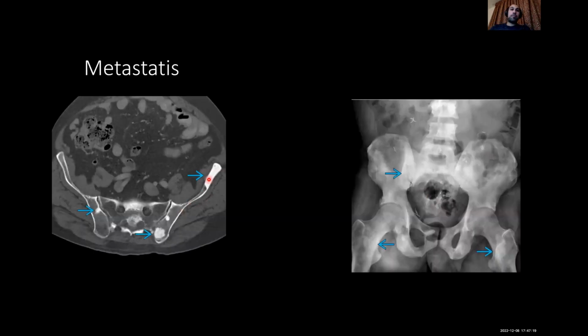This is mets from the prostate. What are the other tumors which can be a reason for sclerotic mets?